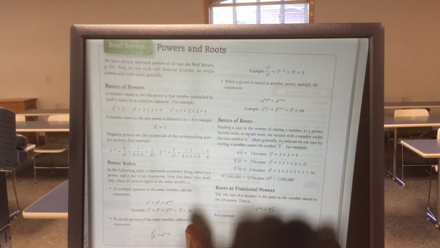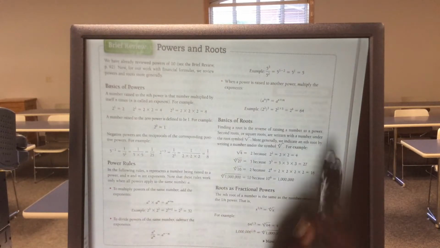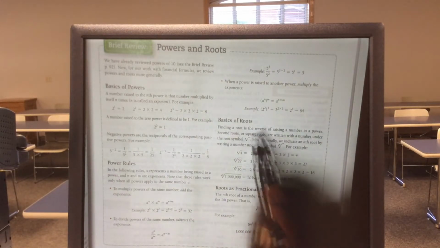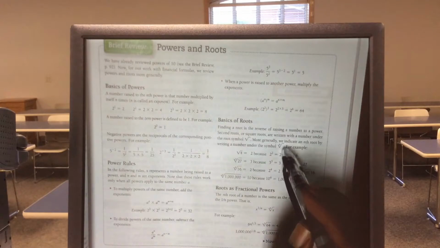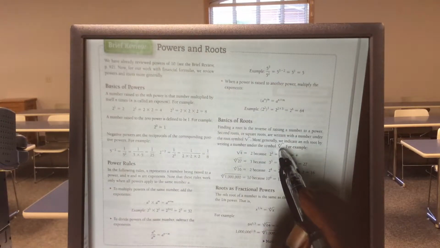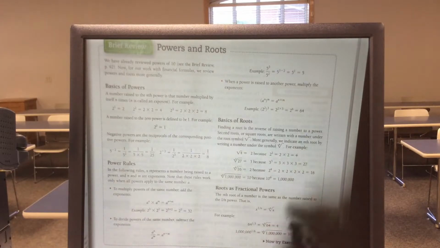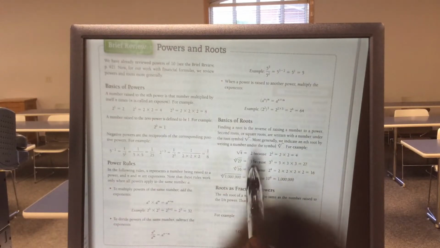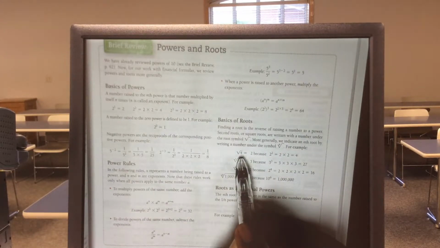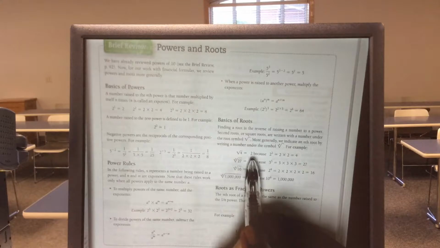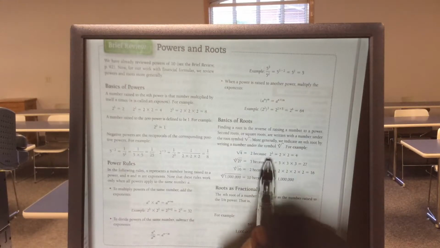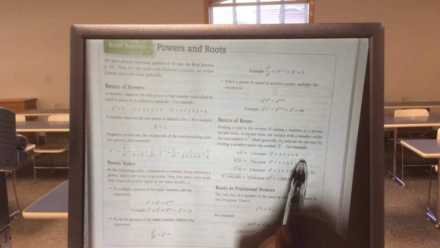More generally, we indicate an nth root by writing the n, and then you've got the root symbol. For example, this is the square root of 4. You want to find out what number times itself will give you 4. It will have to be 2, and that's because 2 squared will give you 4.